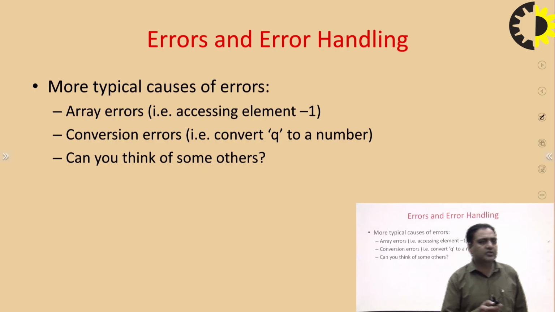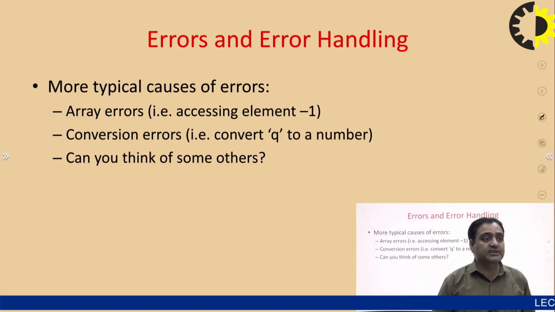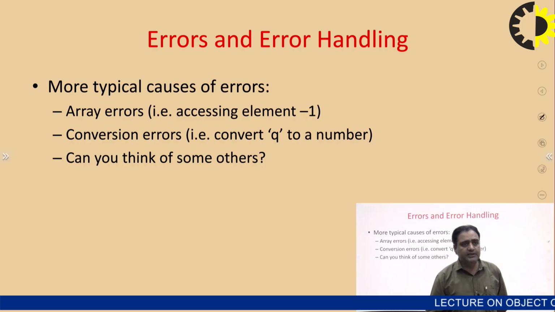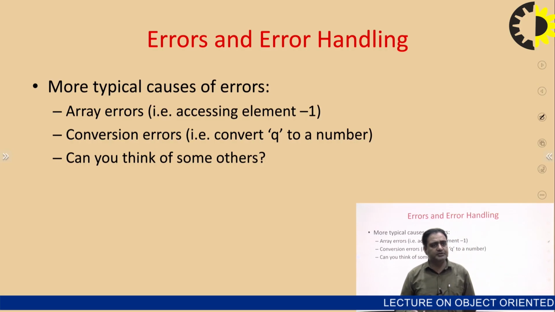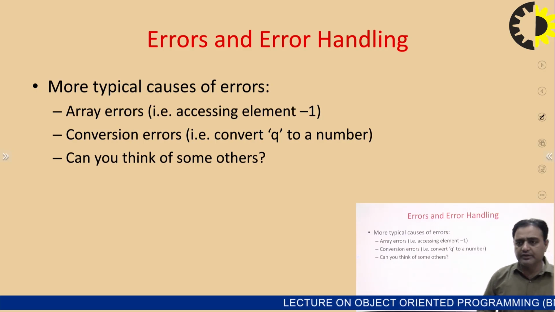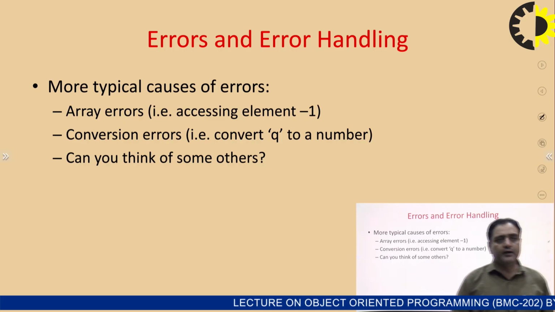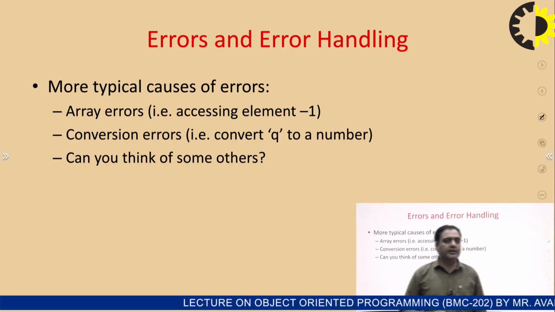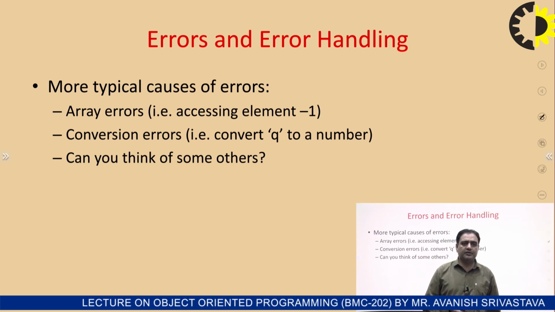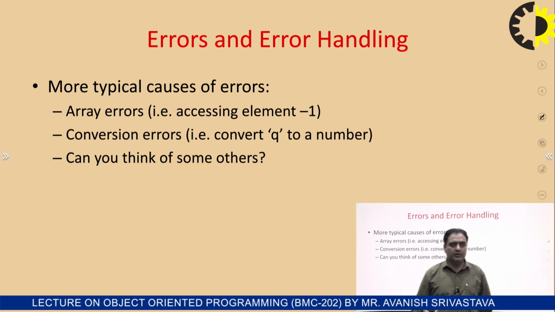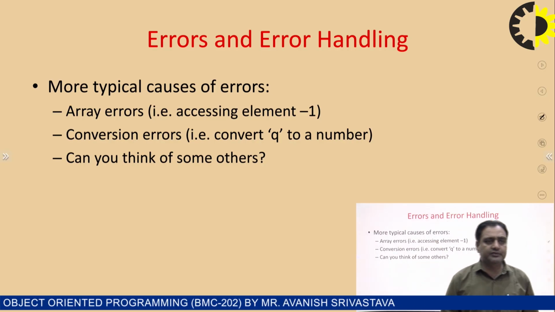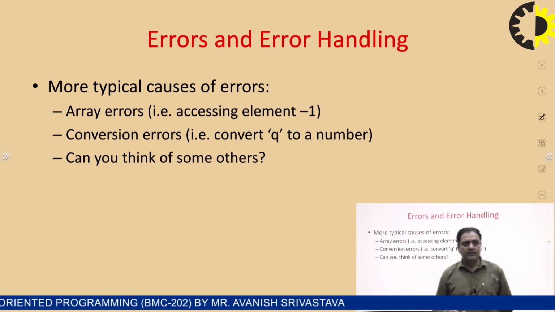More typical causes of errors: array errors, that is, accessing element -1. You already know that in an array, the indexing starts from 0. If you create an array x with size 10, the indexing goes from 0 to 9, that is x0, x1, x2, x3, x4, x5, x6, x7, x8, x9.